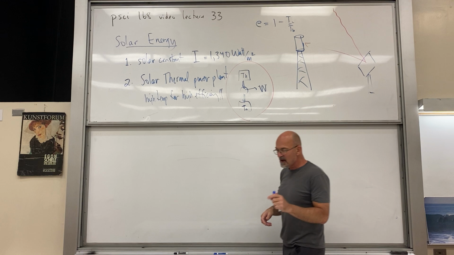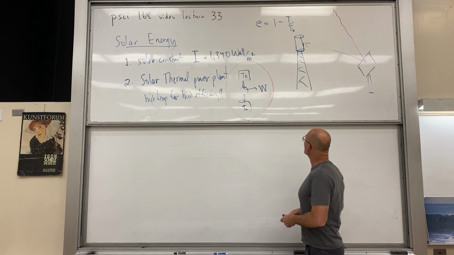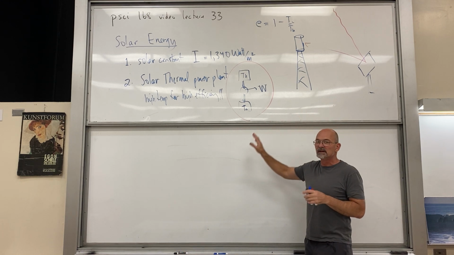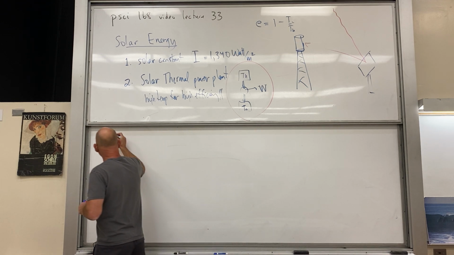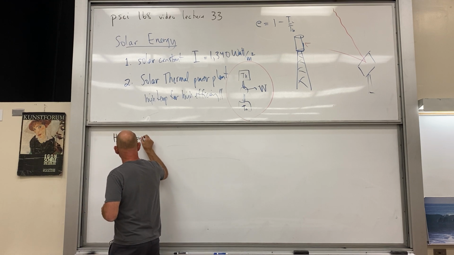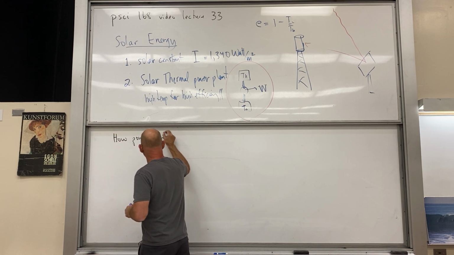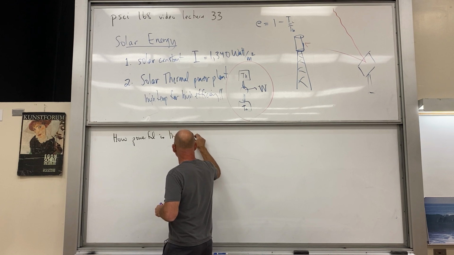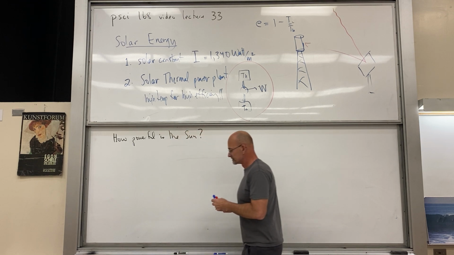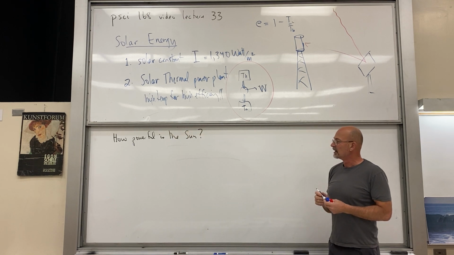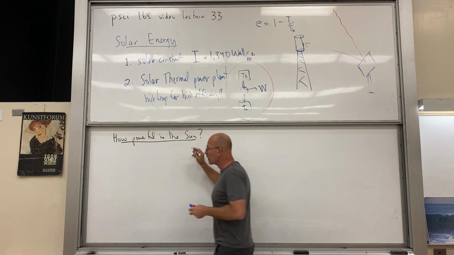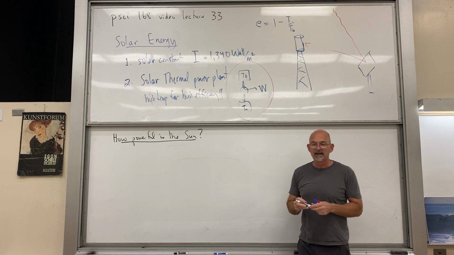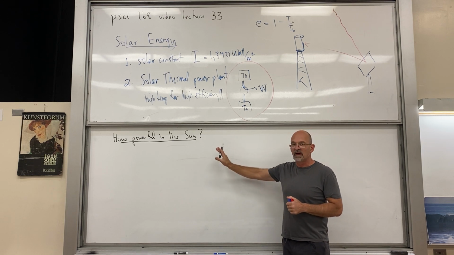So our next topic, we're going to consider this understood, I hope. Our next topic is the question, how powerful is the sun? In other words, we know it's big, we know it's far away, we know it's very hot, but can we actually put a number on it?